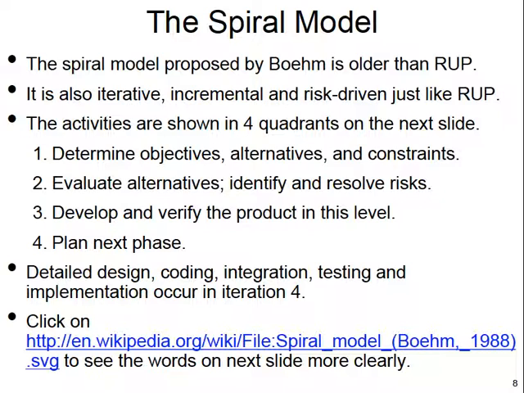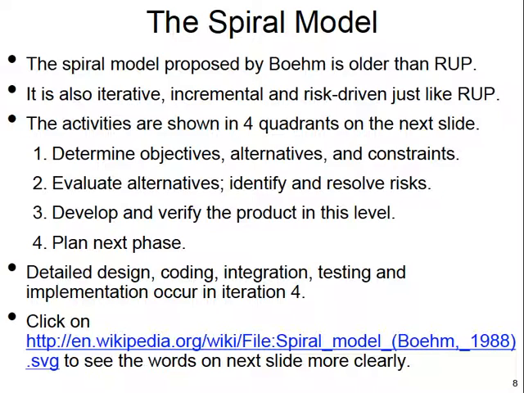It was proposed by Professor Boehm from USC, the University of Southern California, one of the very famous universities in the United States. But USC is not only famous, it's also famous for being a rich people's university. So rich people send their kids to USC, and his work influenced many other subsequent models.